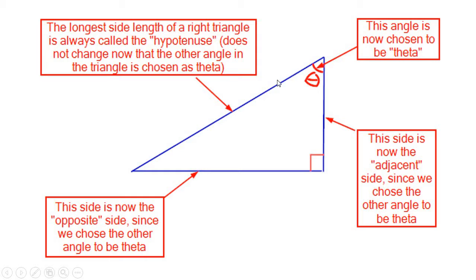And that is a big deal when labeling these side lengths, because now that this is theta, this side length actually becomes the adjacent side length to that angle. And then again, if you're sitting in there and looking out, you're looking at this side length as the opposite side length. So remember, it completely depends on what angle you choose as theta, and then you stick with that angle.